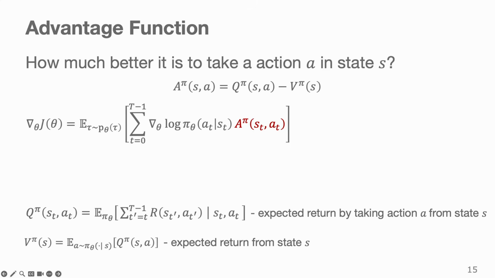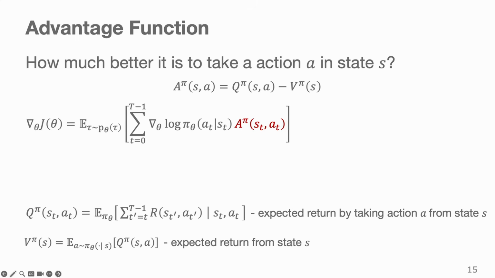If Q pi is the score that you expect if you take a specific action A, then V of pi is the score you expect on average from this state S_t just by following your current policy. So what the advantage is trying to answer is how much better is it to take action A from S_t.